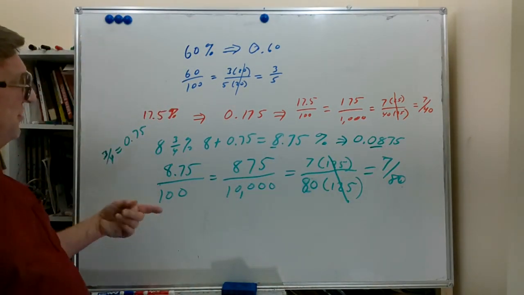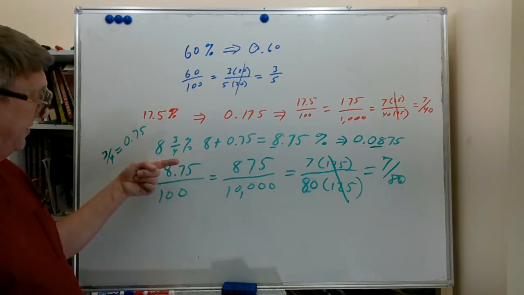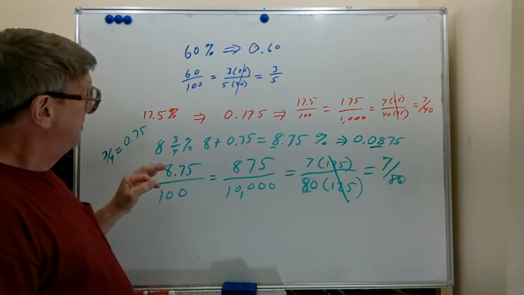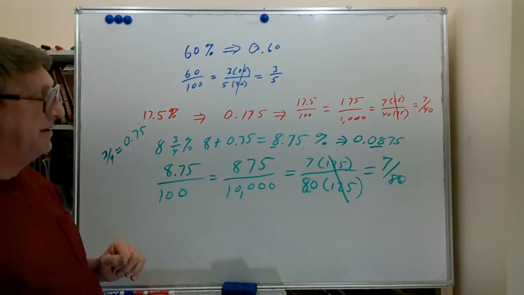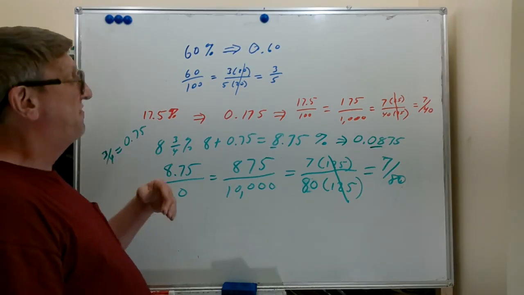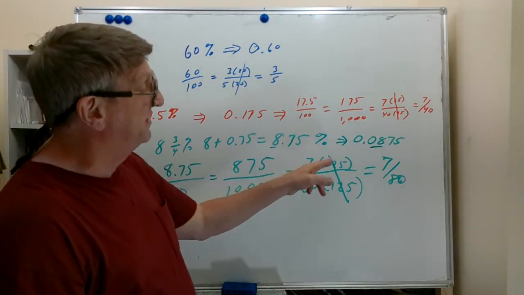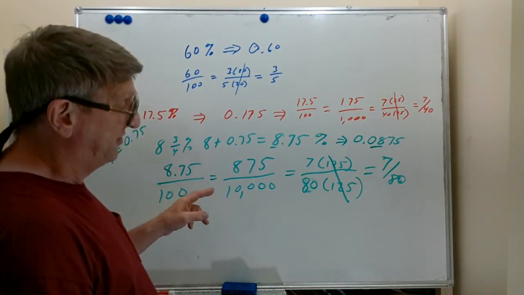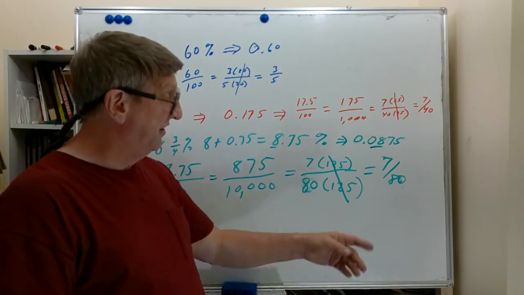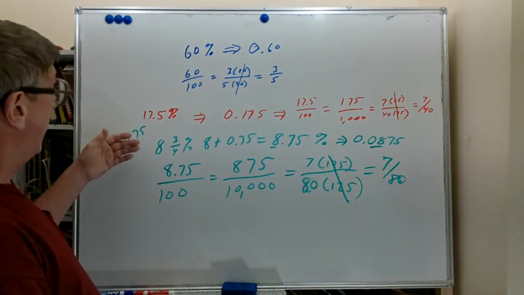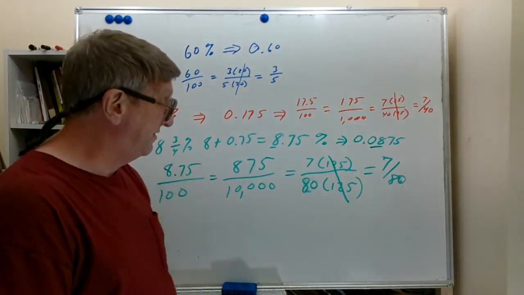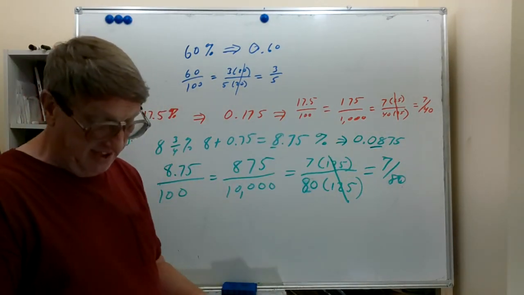Then we wanted a fractional value. We took the 8.75%, put it over the denominator of 100, then multiplied the numerator and the denominator by 100 to get whole numbers. Then we factored 875 into 7 times 125, and 10,000 into 80 times 125. We canceled the like factors, leaving 7/80. So 8 3/4% was equal to 0.0875 as a decimal and 7/80 as a fraction.